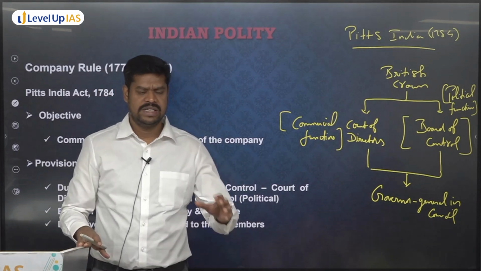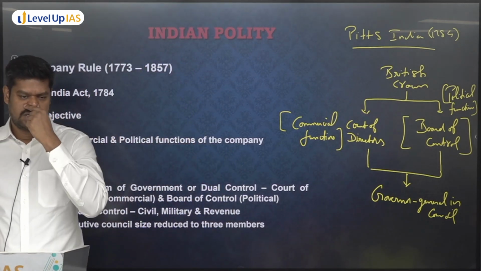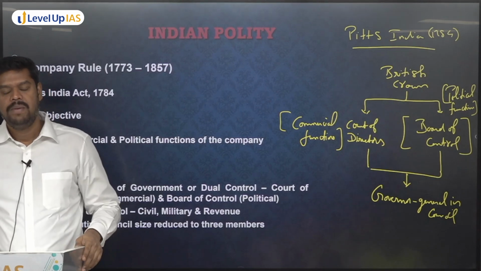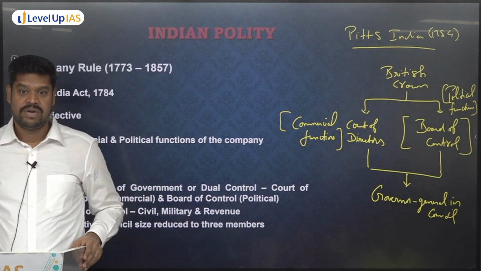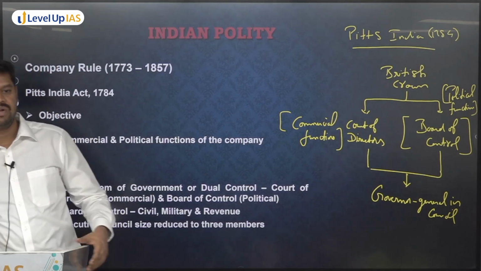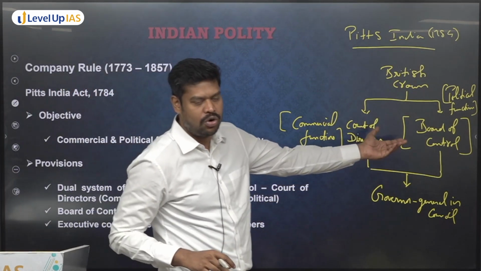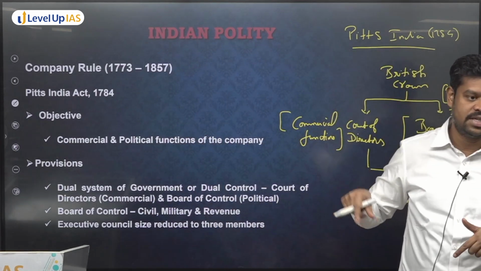Instead of remembering the facts, in the polity area, they may not ask this fact. I do not know how in history. But majorly, they were members of the British cabinet, British cabinet ministers. Some of the British cabinet ministers were made part of the board of control, and some of the higher officials in the British government, not in the East India Company.